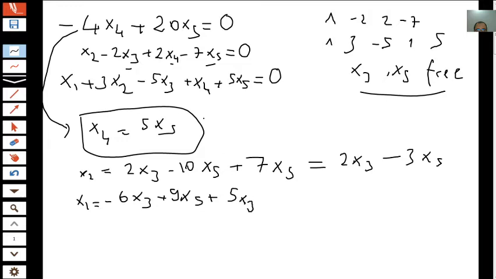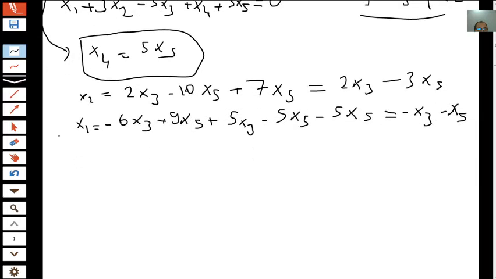We write the terms to the right side, minus x4, namely minus 5 x5, minus 5 x5, and from here we obtain minus x3 minus x5, I guess, minus x5.